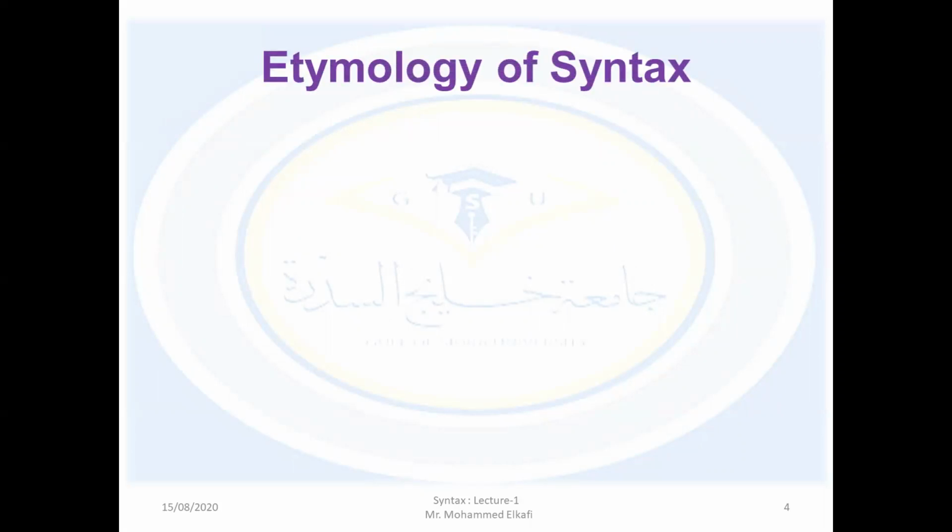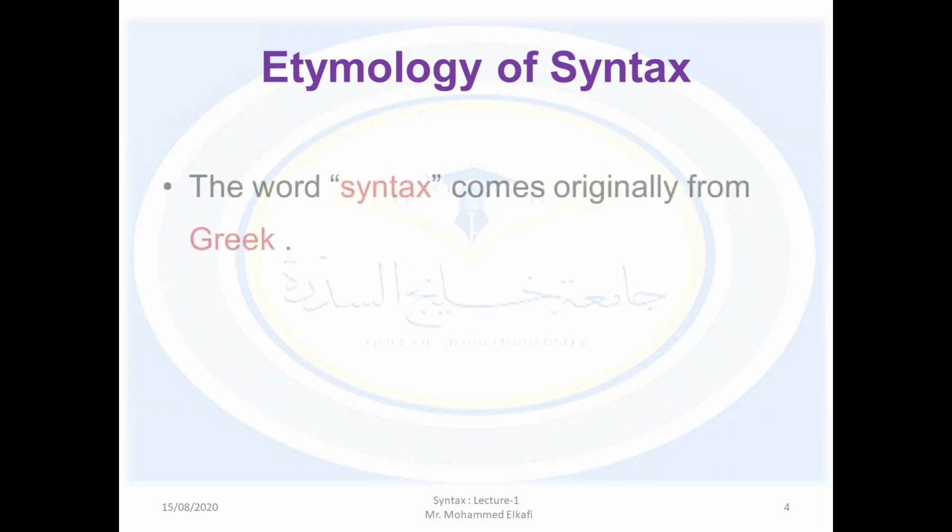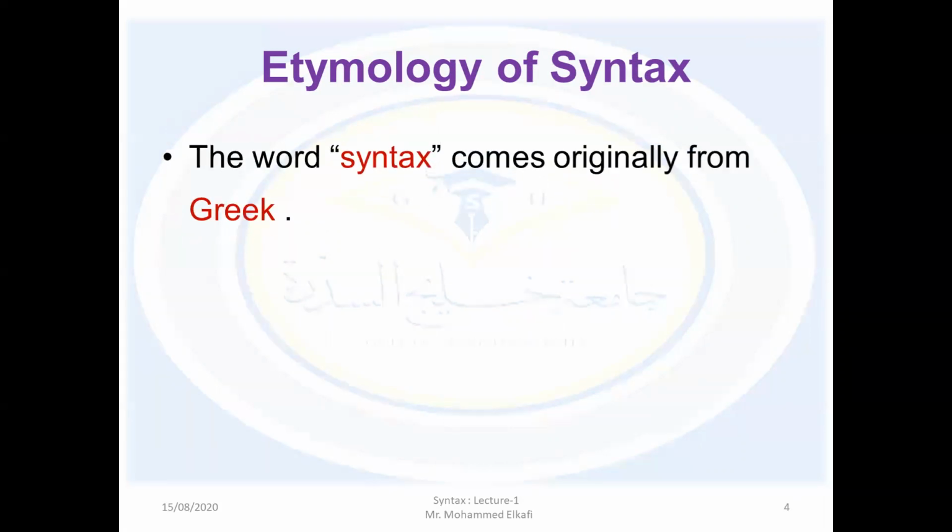Let's start first with the etymology of syntax. When we say etymology, we mean from where we get the word. So we need to know more about the study of what? Of the origin of the word syntax. The word syntax comes originally from the Greek language. So it's a Greek word.